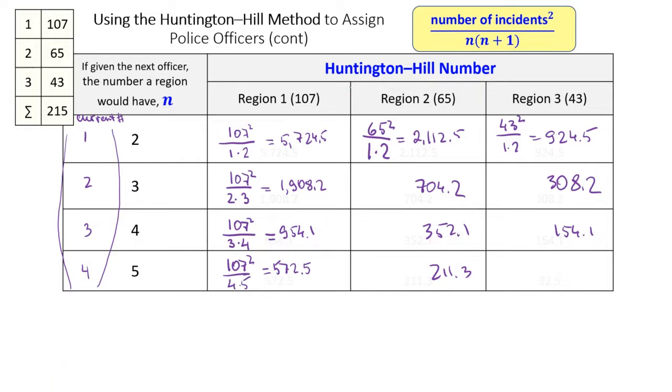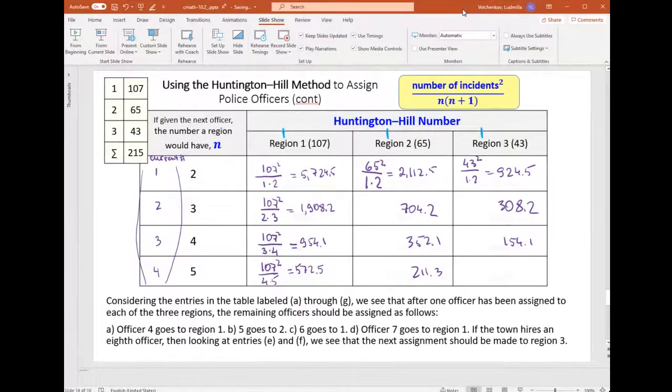And first, every region gets 1 officer. Starting point, every state must have at least one congressman, and we apply the Huntington Hill method after that. Now look at what region has the greatest Huntington Hill number, and answer the poll question.